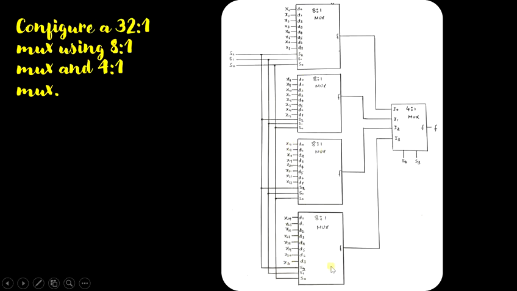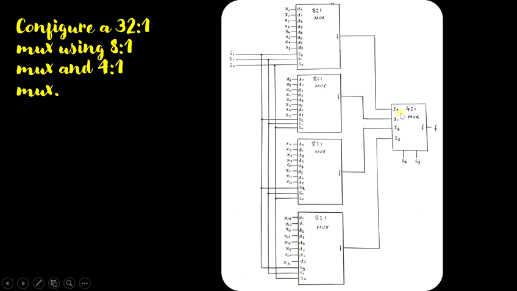So this becomes another 16. So a total of 32 data lines are available, plus each of the 8:1 mux makes use of 3 select lines. So that is why 3 select lines are being utilized here. Then the remaining 2 select lines are being provided by the 4:1 mux, and the output of each of the 8:1 mux is given to the data line.